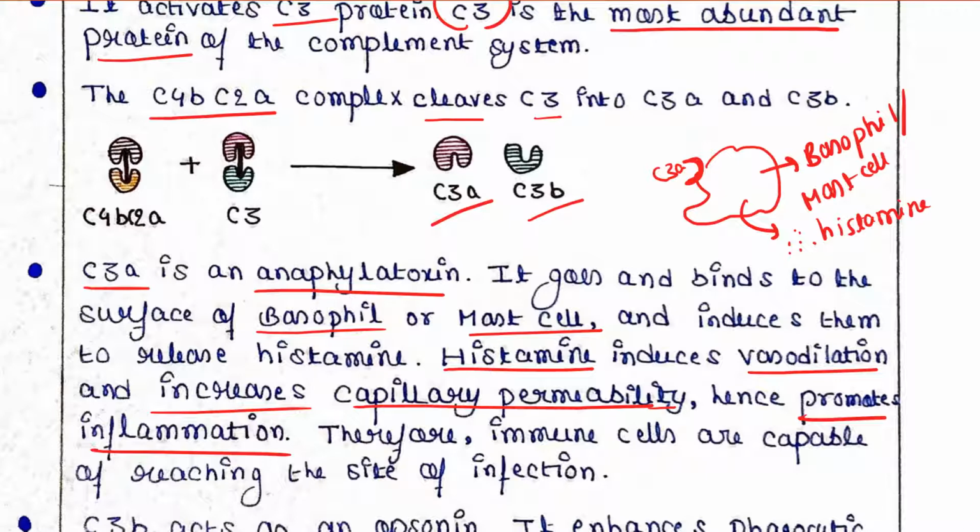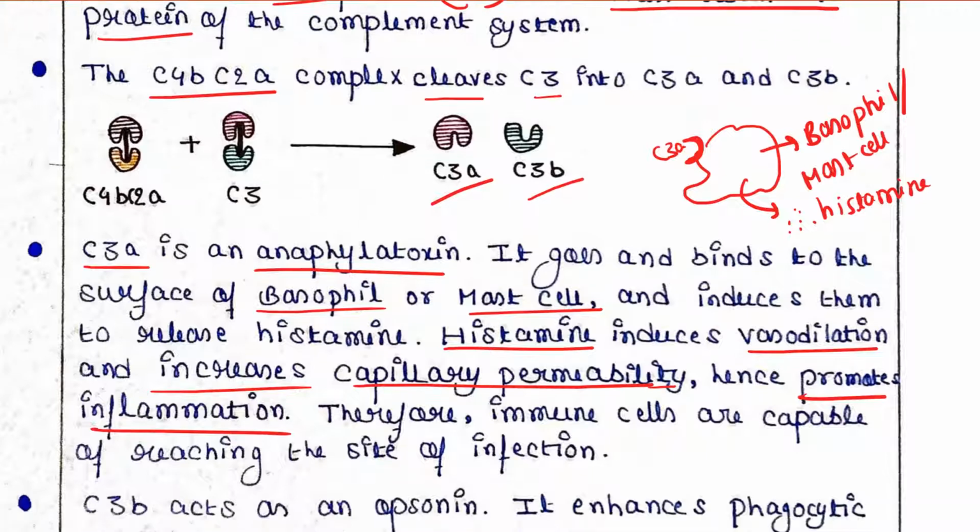Now C3b. So when C3 is cleaved, it produces two fragments, C3a and C3b. So now we know that C3a is an anaphylatoxin and it induces inflammation. But what does C3b do?